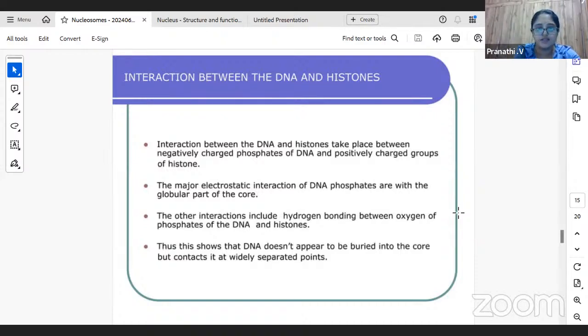So you have a hydroxy group, and hydrogen bonding is taking place here, and at the same time you have a peptide bond, positive, negative, positive, taking place between the phosphate and the positive charge in the lysine and the arginine. So, because of this, you can understand that DNA is not going to be within that particular core octamer, but it is going to be quite widely separated.